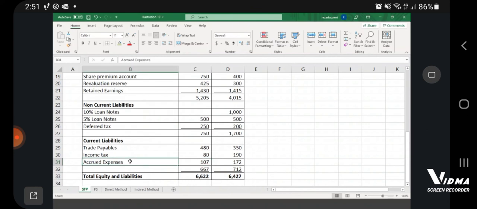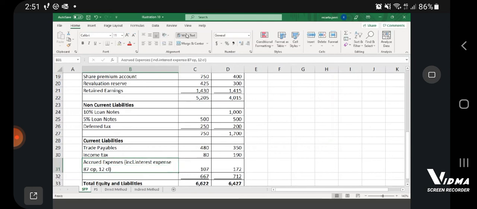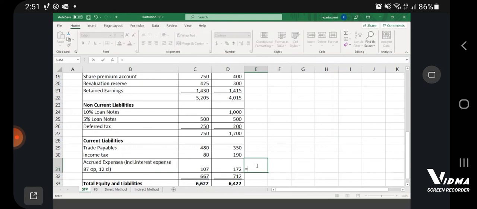Now, part of the accrued expenses includes interest expense, and the part of interest expenses that was included was 87 opening, and if you remember, it was 12 closing. I'm just writing like this in order to keep in mind right now that we will do the calculation. That means that the opening balance of accrued expenses without the interest expense will be 172 less 87, and that is 85.